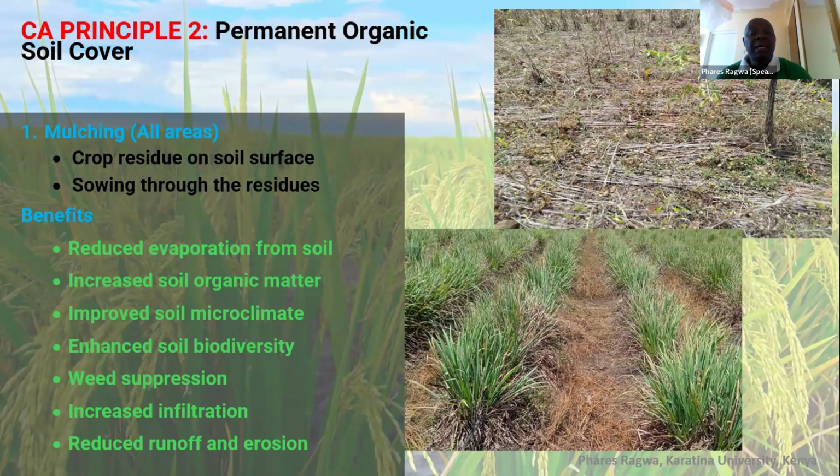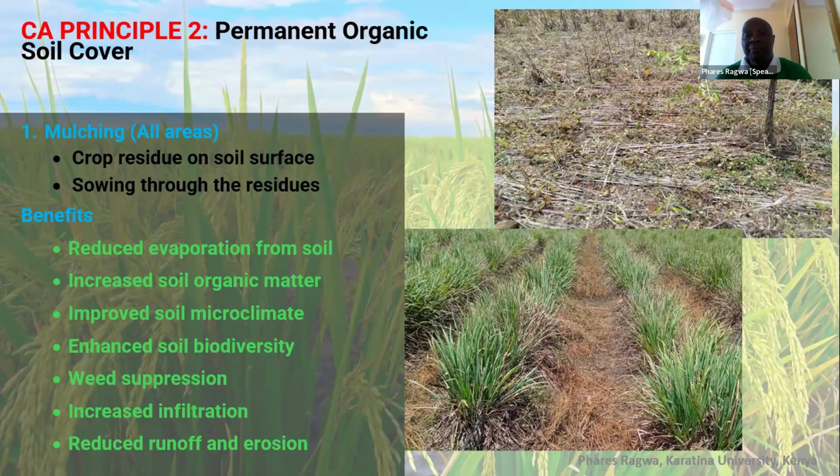We have large numbers, we have many species, and these can perform the functions that they do in the soil. Mulching also suppresses weeds. And this is important because if the weeds are suppressed, it means now we don't have to go back and start weeding, thereby disturbing the soil again. We enhance the infiltration of the water, very important, especially in the semi-arid areas again.